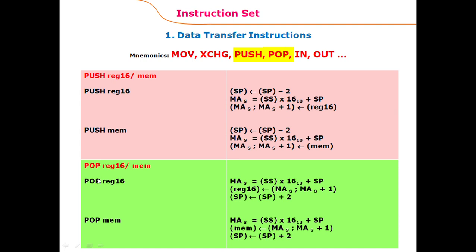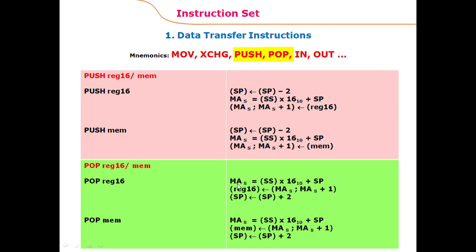Here we have two forms. Either in this POP instruction there is a 16-bit register as the destination of data, or here there is a memory location as the destination of data. In this case, first the stack segment 16-bit content is left shifted by one hexadecimal digit, or multiplied by 16 in the decimal system. This multiplication gives us a 20-bit value, the starting address of the stack segment, and then the content of the stack pointer is added, and we get the memory address inside the stack.